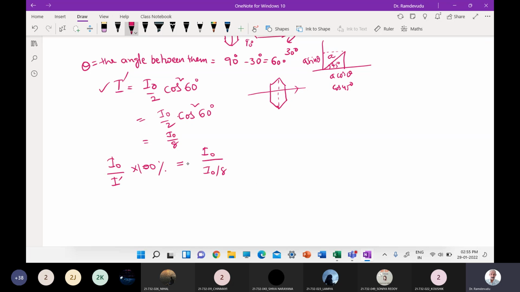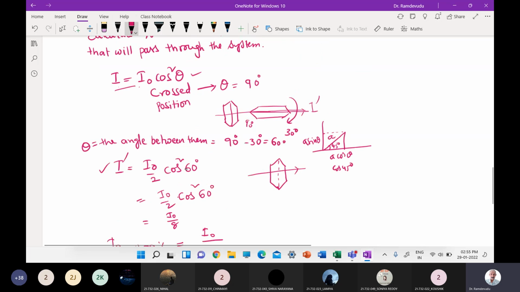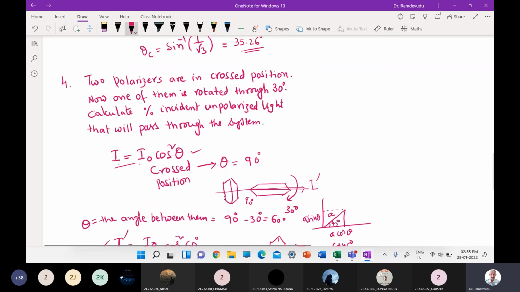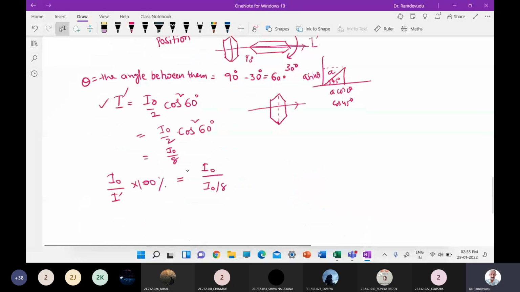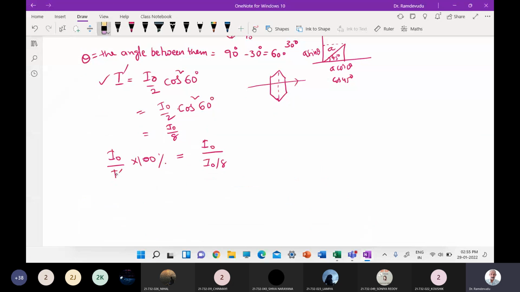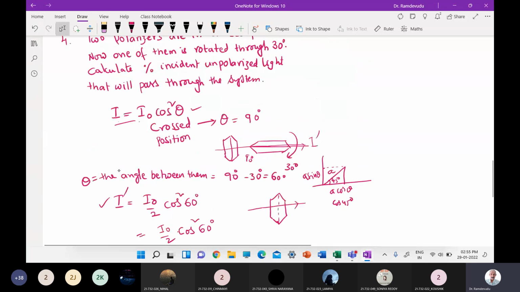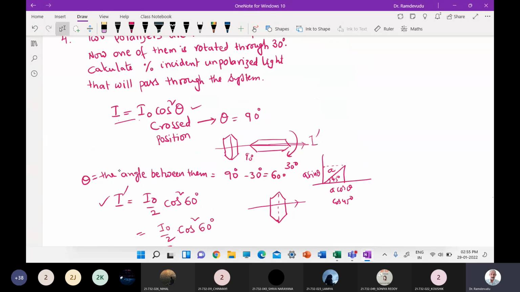Is it that? He is asking to find the ratio of unpolarized light that passes through the system, not the ratio of that which doesn't pass. What passes is only I dash. Sorry, I'm just rubbing it off. The problem asks how much of the incident unpolarized light will pass through the system, which is nothing but I dash.